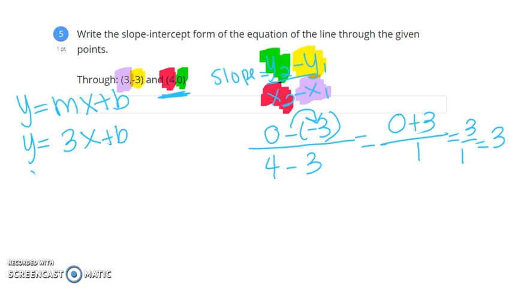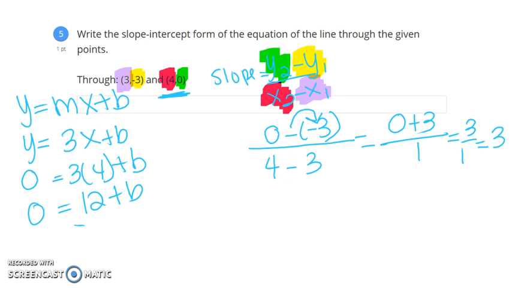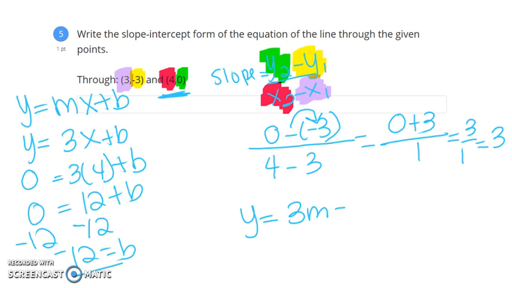So when I plug this in, I get 0 equals 3 times 4 plus b. So 3 times 4 is 12 plus b. Remember I need to subtract this 12 on both sides. So -12 is b. And now we can finally put everything together. My slope of 3, and I keep writing m, sorry. So y equals 3 times x minus 12.